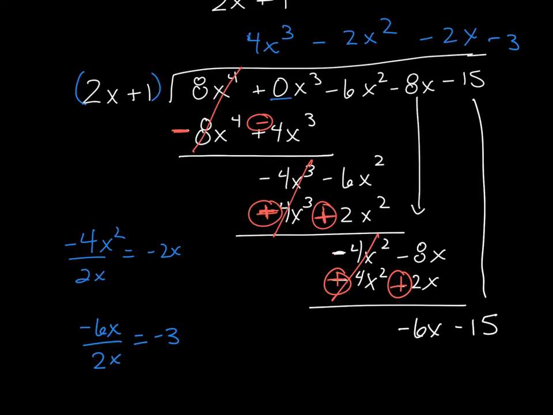Negative 3 times my 2x is equal to negative 6x, and then a negative 3. I change my signs. That becomes a positive. This becomes a positive. The 6x's cancel out. And I am left with a remainder of negative 12.